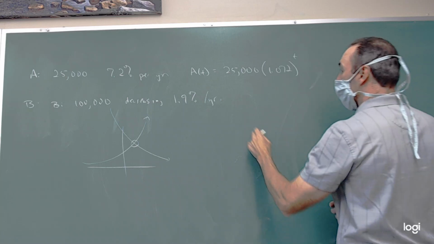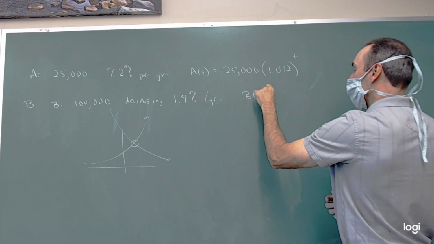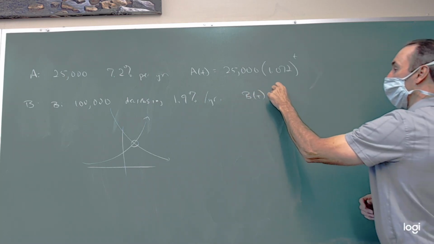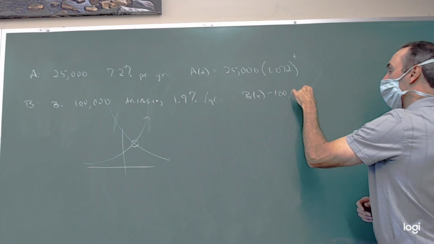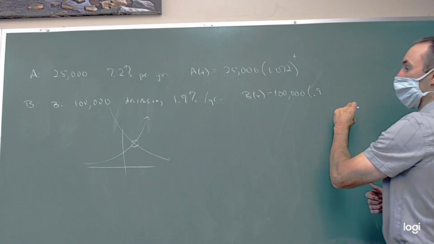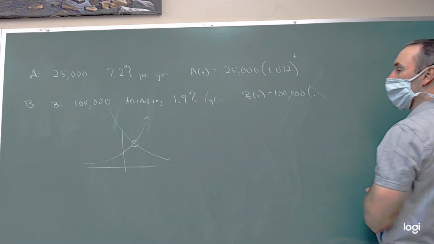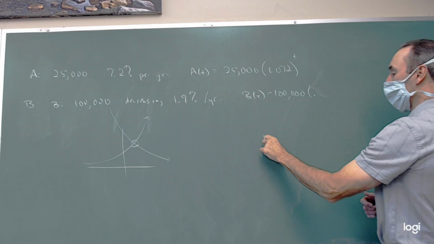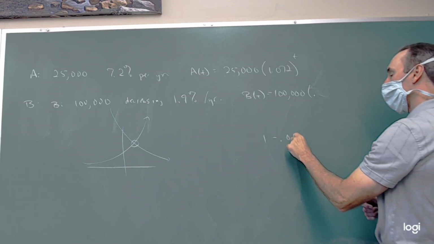And we're going to set that equal to B of t, which is 100,000 times, it's actually going to be 1 minus 0.019.